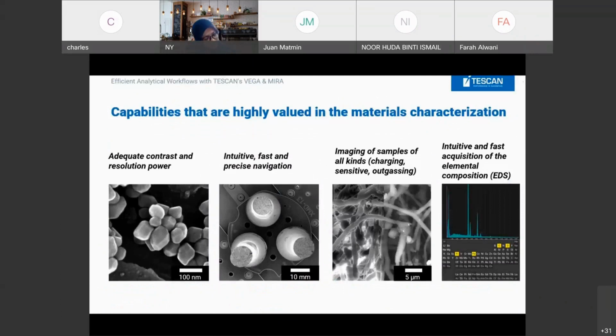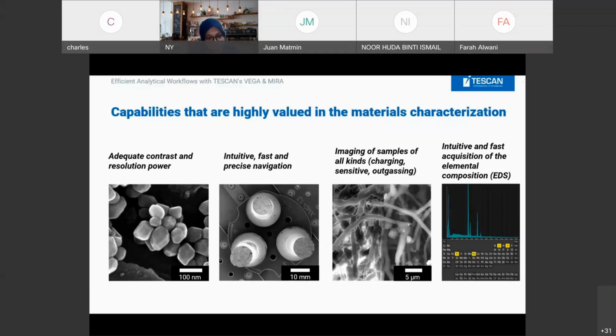Then let's go into the real discussion of the day. Why do we need SEM? Of course, it is to visualize samples and characterize them. When it comes to material characterization, there are a few capabilities that researchers are interested in or looking for. The first one, they want to investigate samples with enough contrast and search for the level of details on the surface.